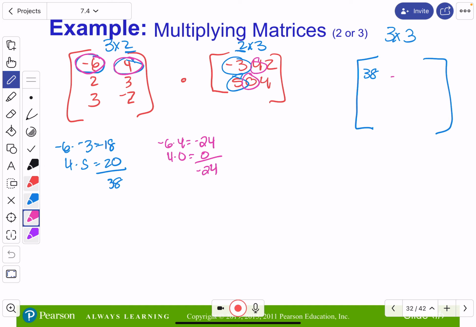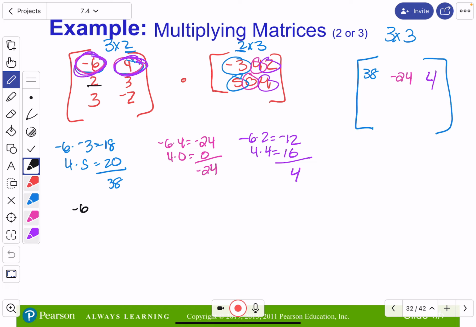Add those together, you get negative 24. Then we do negative 6 times 2 equals negative 12. 4 times 4 is 16. Add those together, we get 4. Continue the process.